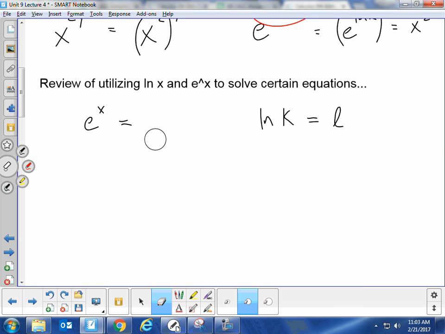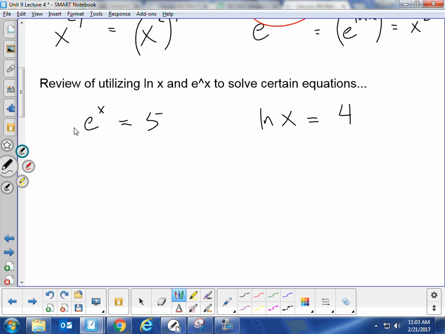Solving e to a power for that power. So solving for x when you have x in the power of e. Solving for x when you have x in a log. How do we solve for x? Well, if it's in the power of e, to undo what e is doing, we would take the natural log of both sides.